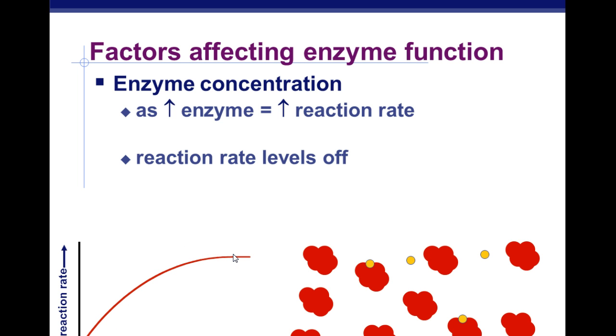So if there's no more substrate to bind with, then eventually, what do you think will happen to this line? Yes, it would actually start doing this and dropping off because there's no more substrate. Plenty of enzyme. Remember, enzyme doesn't get used up, but there's not any more substrate because now the sucrose is broken down into fructose and glucose. Hope that makes sense.